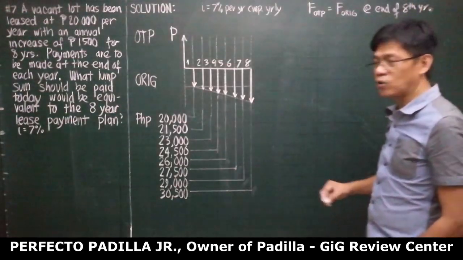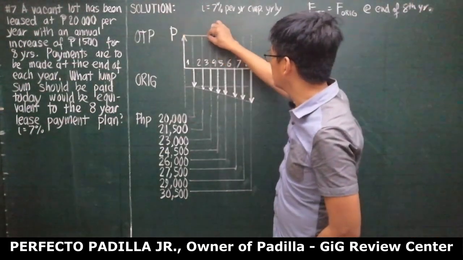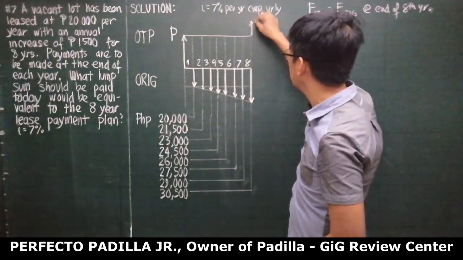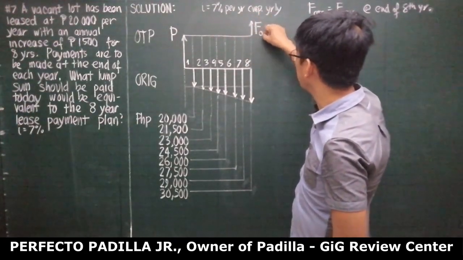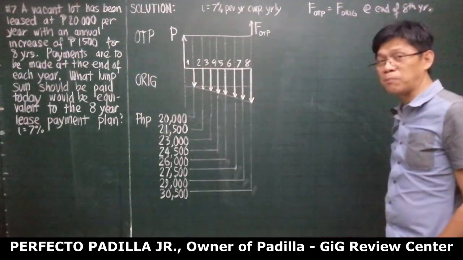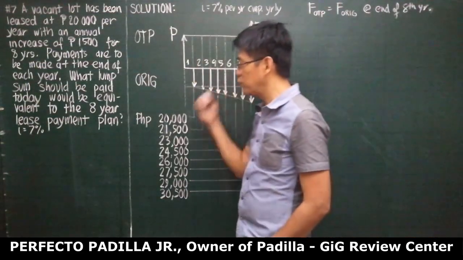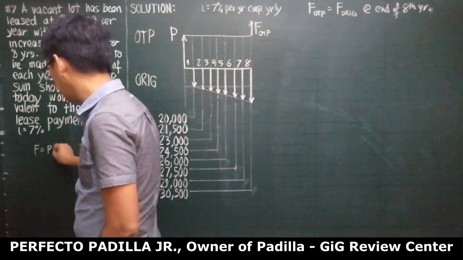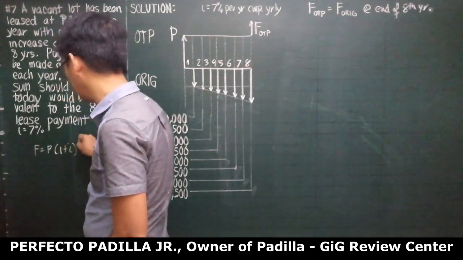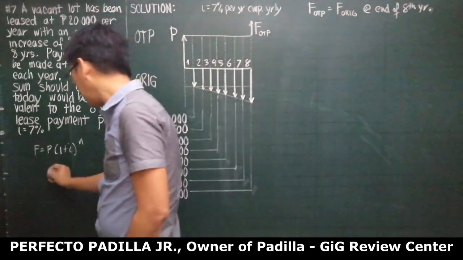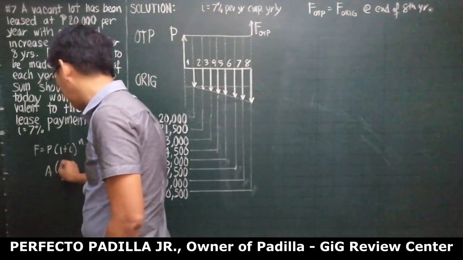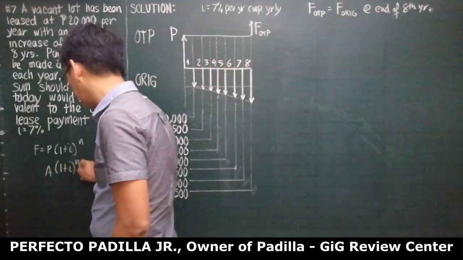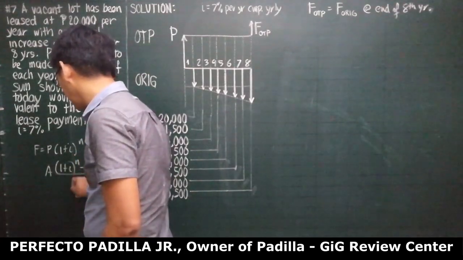Okay? So, kung dadalhin ko to sa end of 8th year, so this is going to be F of one-time pay. So, the end of one-time pay, this is present to future. Di ba ang formula natin dyan, ang future is P times (1 plus i) raised to n. Pagka annuity naman A, kopyahin lang to, ((1 plus i) raised to n minus 1) over i.